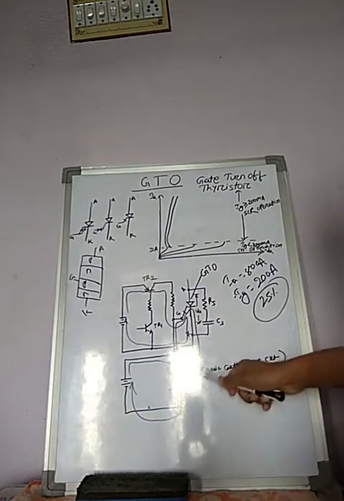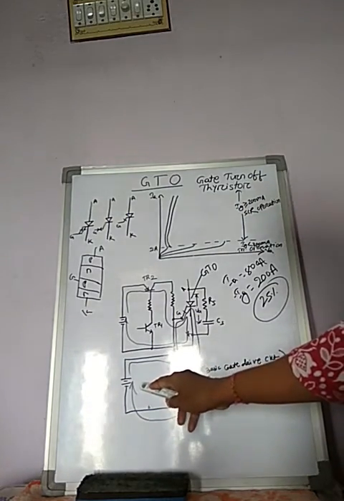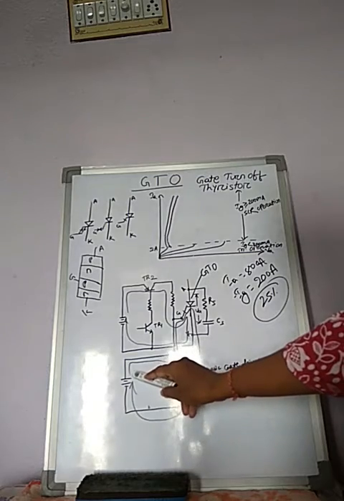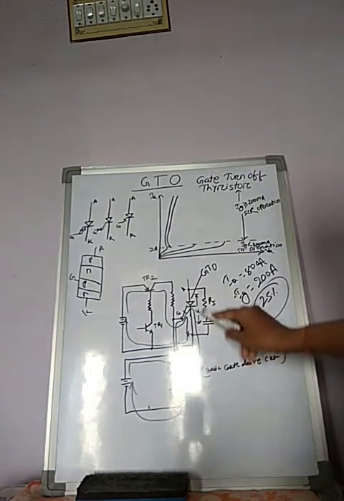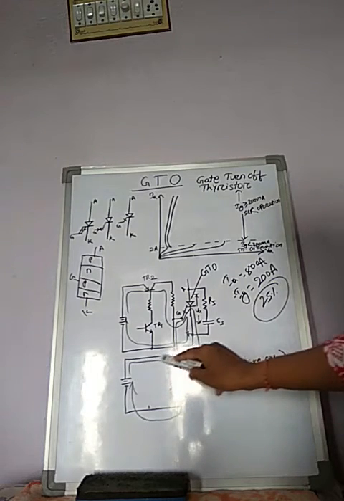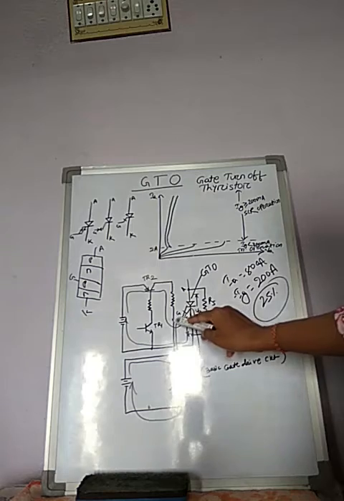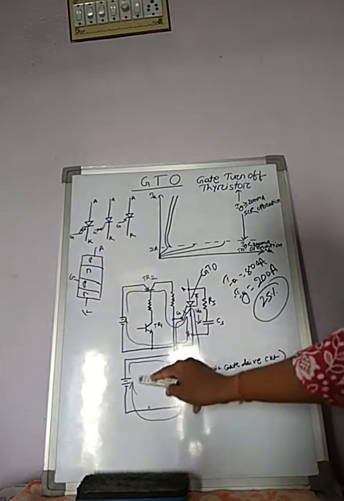Once T1 is turned on, current from this voltage source supply will flow through this gate path. Starting from here, it goes to the cathode, then the gate, then through this, then this.